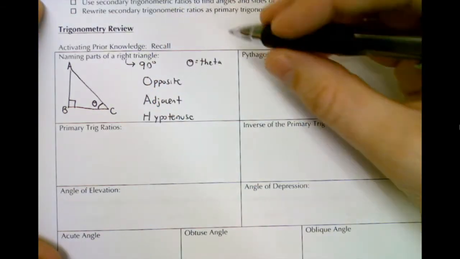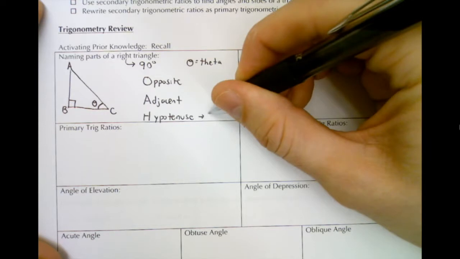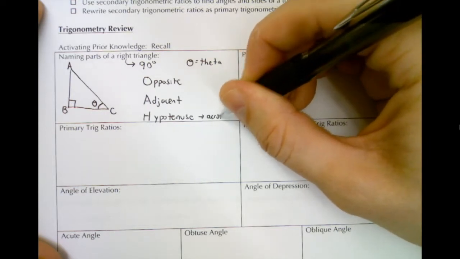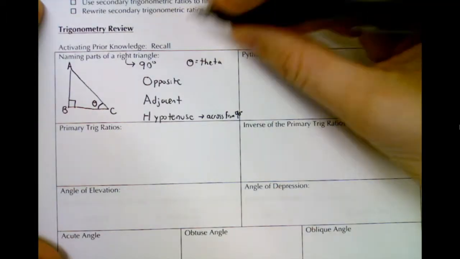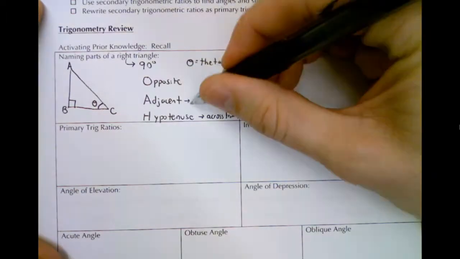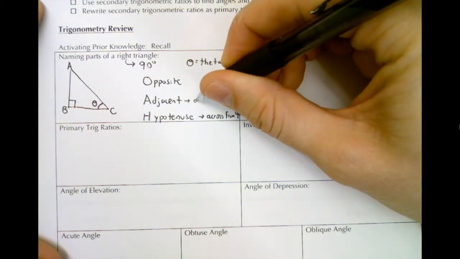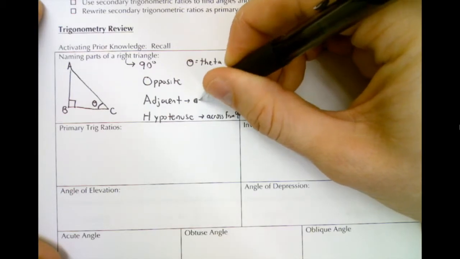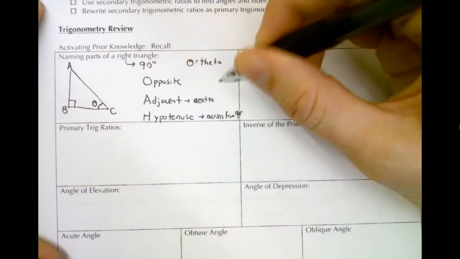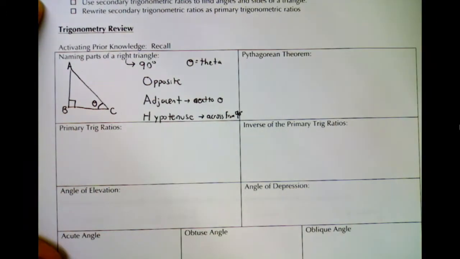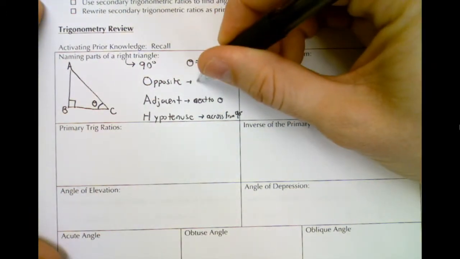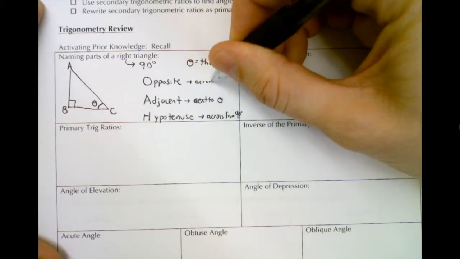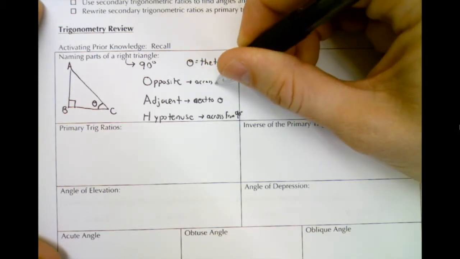And hypotenuse is the one across from 90 degrees, or across from the right angle. Adjacent means next to. It is next to the reference angle. And opposite means across from. Always in terms of the reference angle.